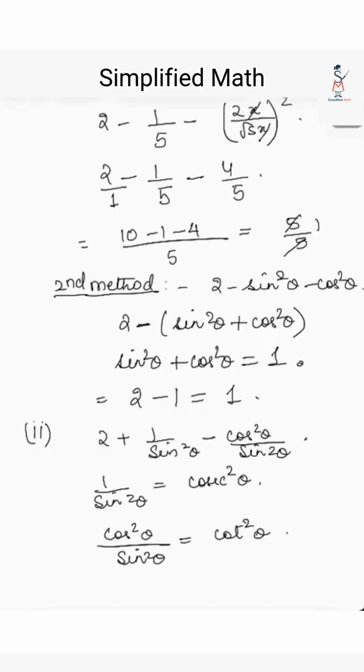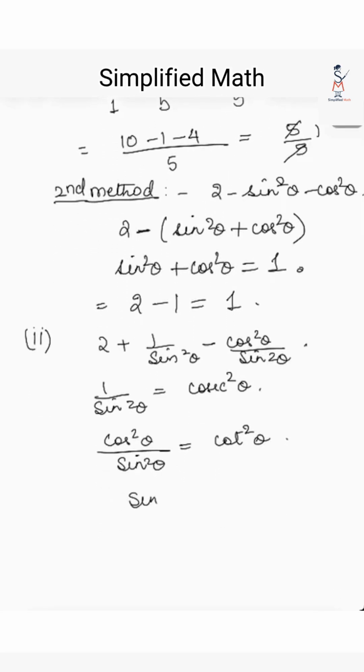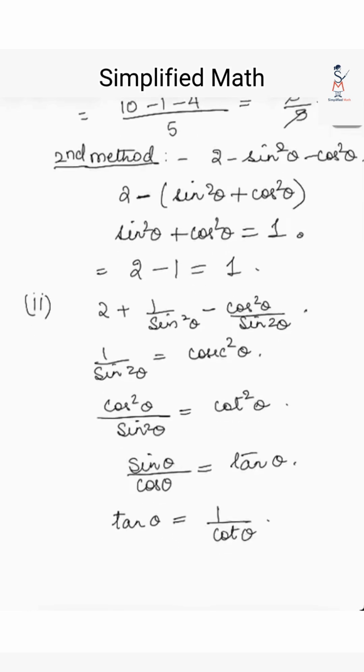How come this is cot square theta? We know sine theta by cos theta is tan theta. We have learned this in our syllabus. So the reciprocal of tan theta is cot theta. So 1 by cot theta is equal to tan theta.